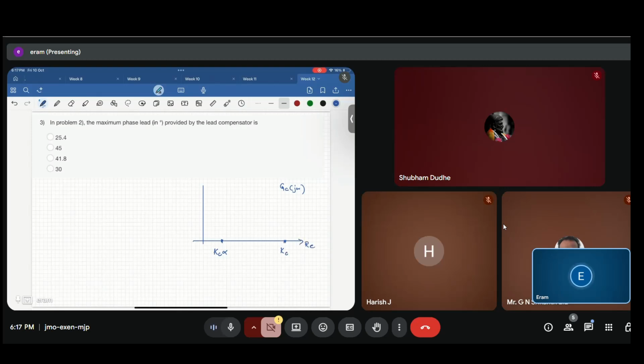So these are the real and imaginary axis, and the polar plot or the Nyquist will look like this if omega varies from 0 to infinity.